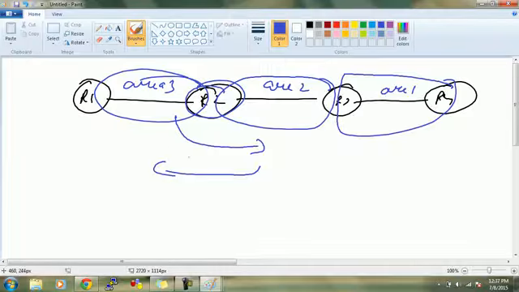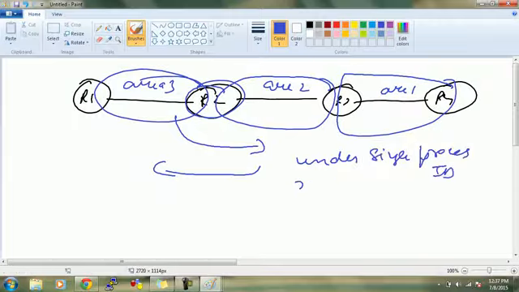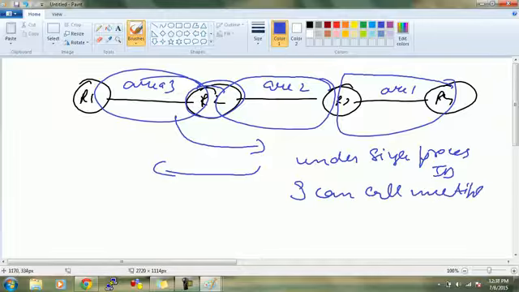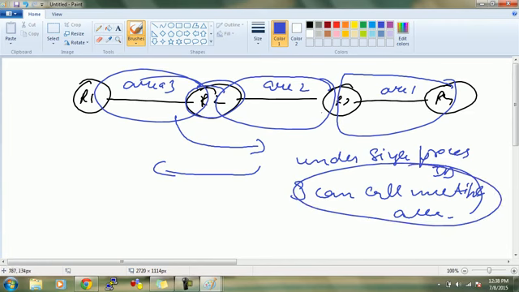See, under a single process ID, I can call multiple areas. This thing is clear. So the process ID will be the same for both the areas.